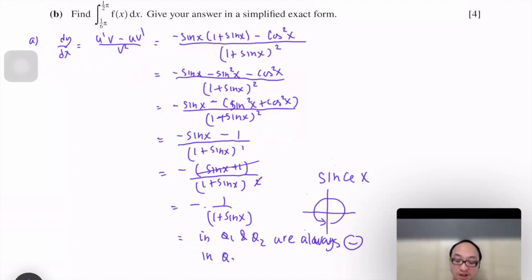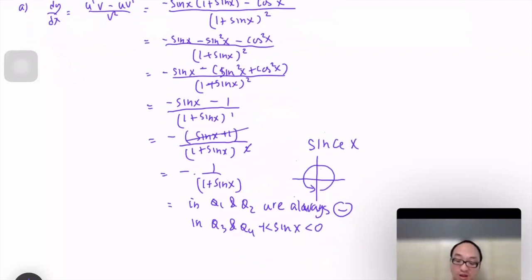In Q3 and Q4, sin x is negative, so sin x is greater than minus 1 until 0. Therefore, 1 plus sin x will always be positive.